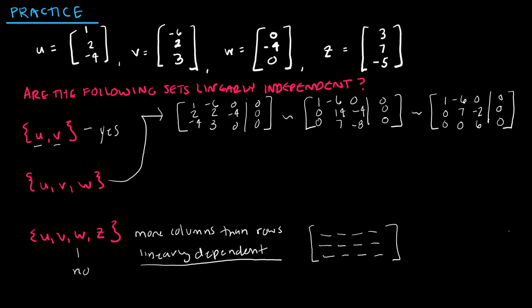And at this point I can stop because I can see that I have a pivot here and a pivot here and a pivot here. So do we have any free variables? No. So are the following sets linearly independent? Yes. So we've got a yes, we've got a yes, we've got a no.